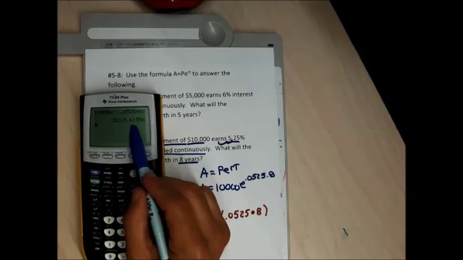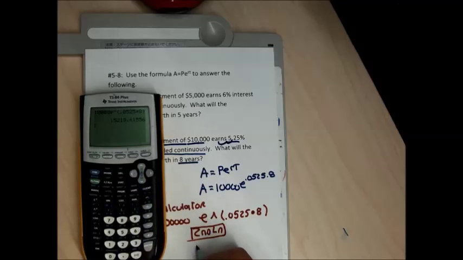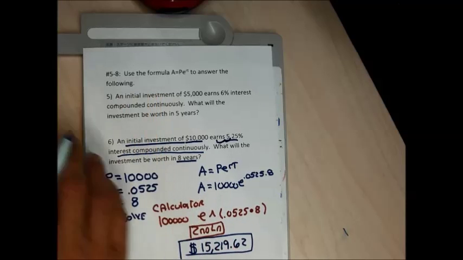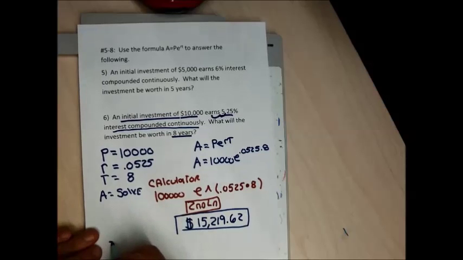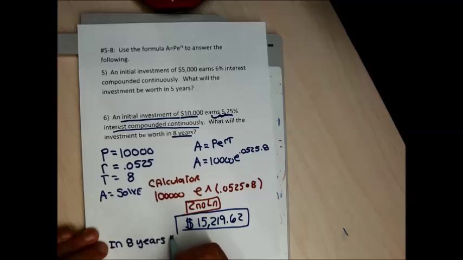The number in the second decimal is a 1. After it is a 5, so I'm going to round that 1 up to a 2. And for my answer, in 8 years, this account is going to have $15,219.62. I could write a sentence saying in 8 years the account will have that amount, but I don't have to.